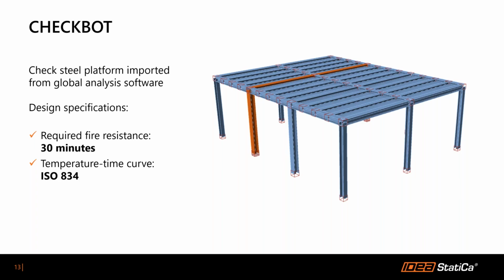The assessment was performed for a required fire resistance of 30 minutes, and the temperature-time curve was the ISO 834 one. Please note that these settings are project specific and depend on the structure and the type of fire scenario.